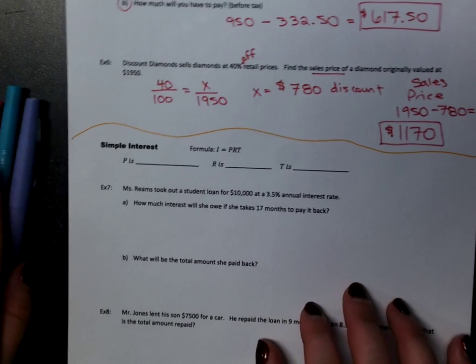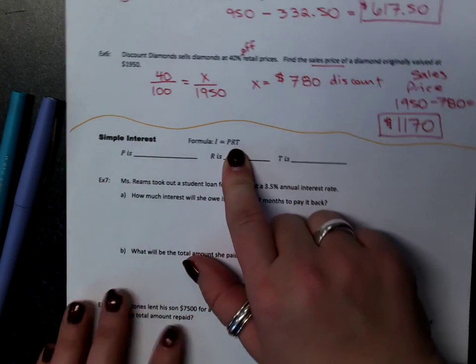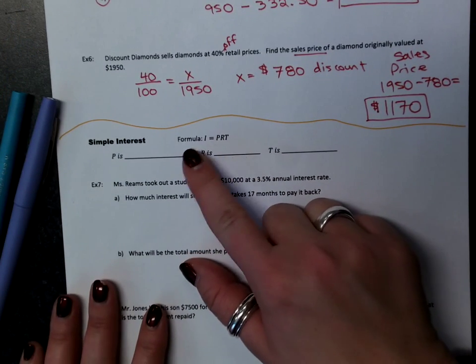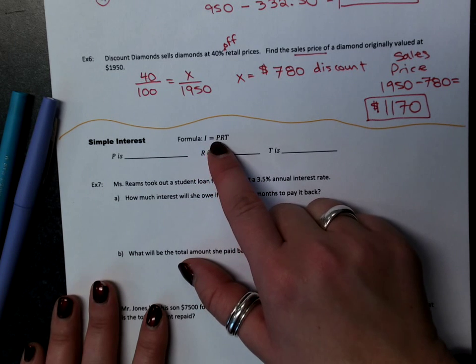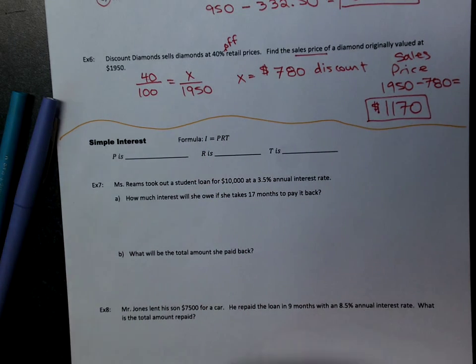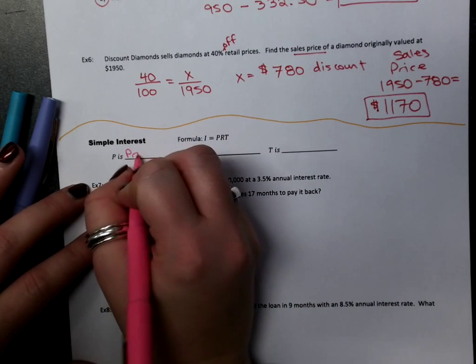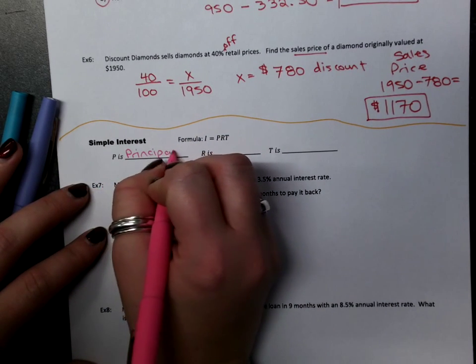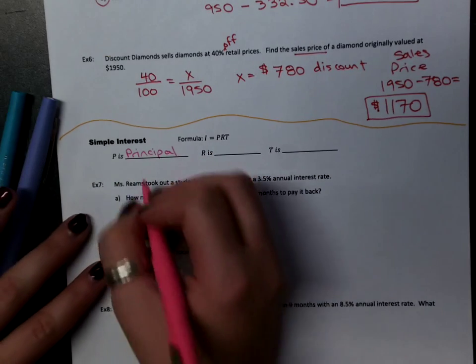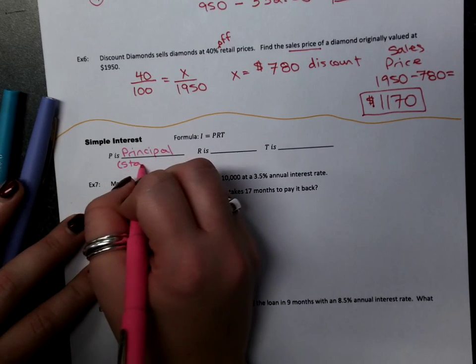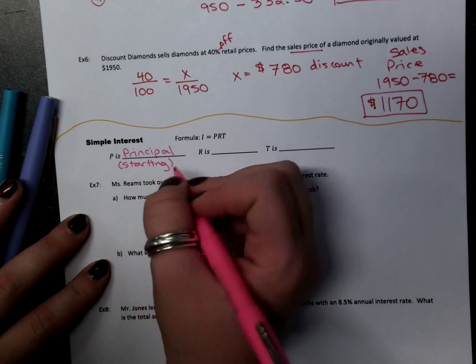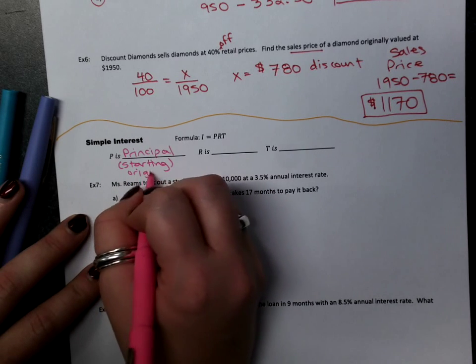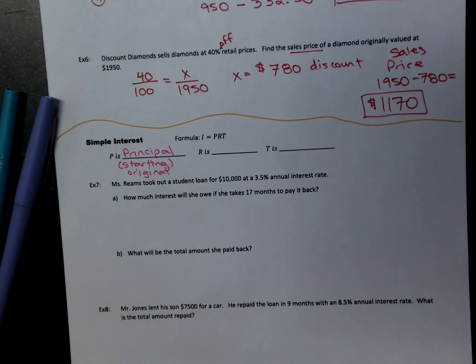So there's a formula, and this is on your formula chart that I gave you back when we were doing the geometry. You'll see this I equals PRT. The P stands for principal amount, and that is a fancy way of saying your starting amount or your original amount of money.